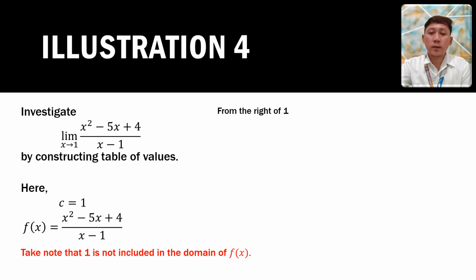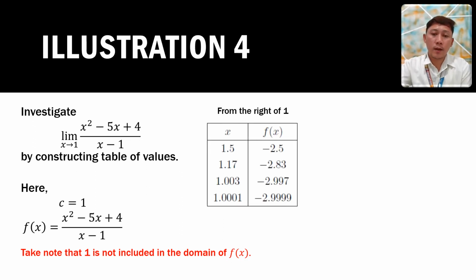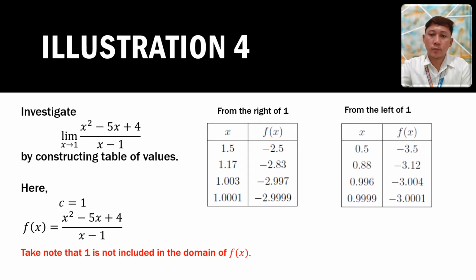So from the right of 1, we have this table of values. From the left of 1, we have these values. From the right of 1, we have 1.5 up to 1. And from the left of 1, we have 0.5 to 0.9999.